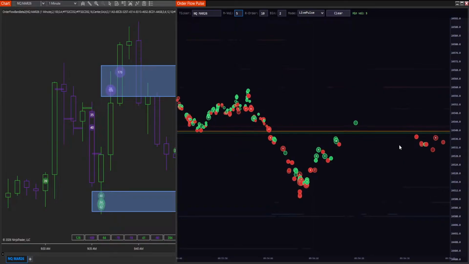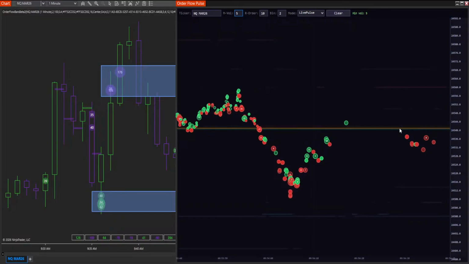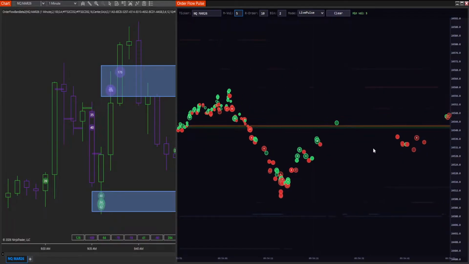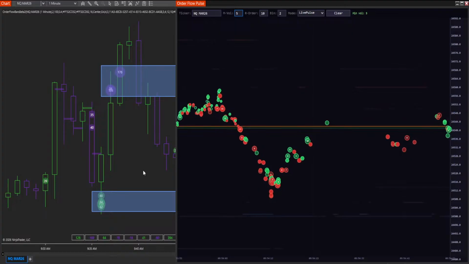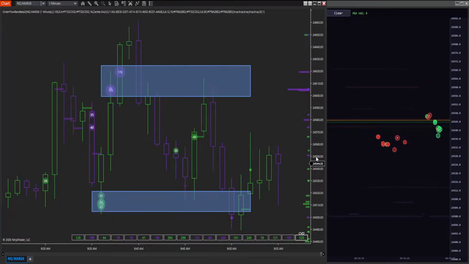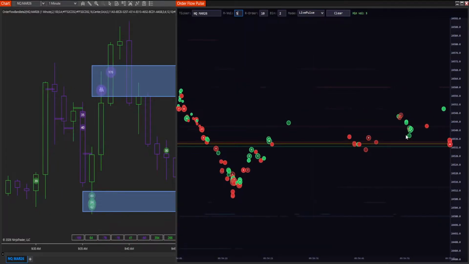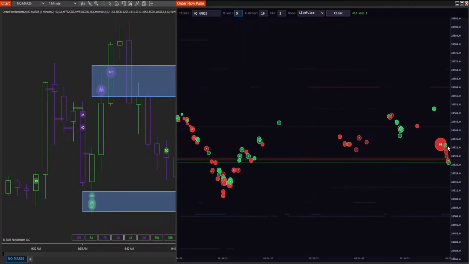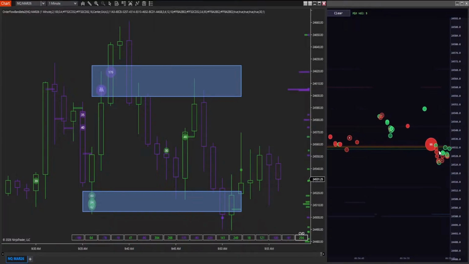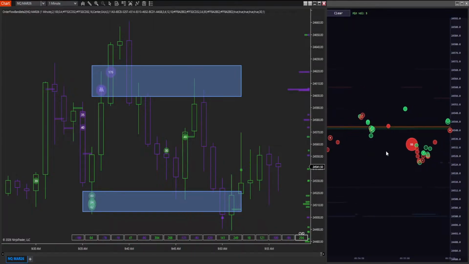You can't see it right there, but the bigger the bubble, the more volume it is. Another thing that I'm looking at is the opacity. We have 55 orders right there for that bubble.